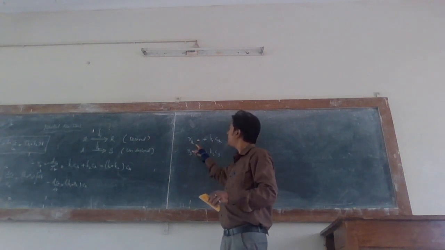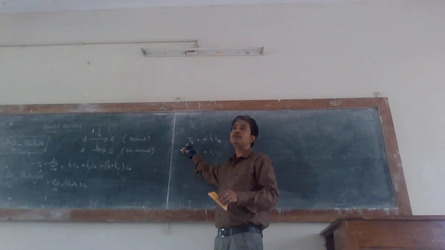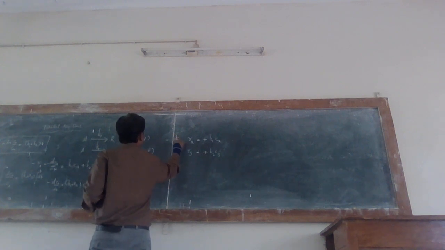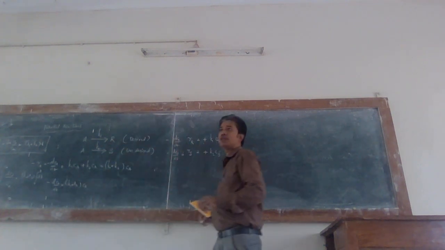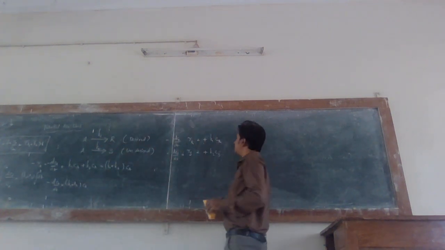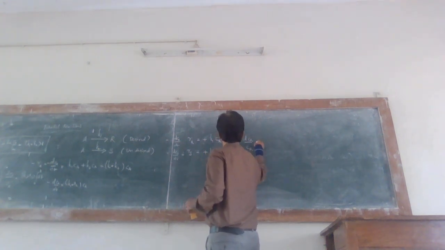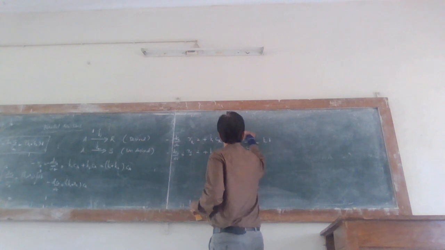CS. Now what is RR? dCR by dt. Is it not RR? dCR by dt. What is RS? dCS by dt. Fine. So if I integrate it, dCR by CR is equal to K1 into t.